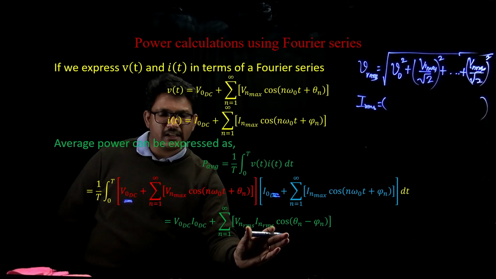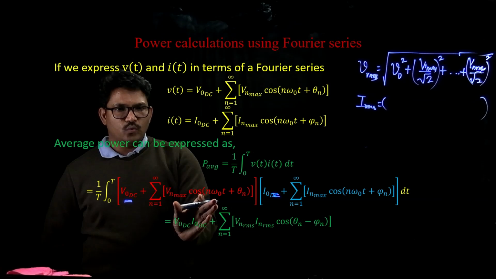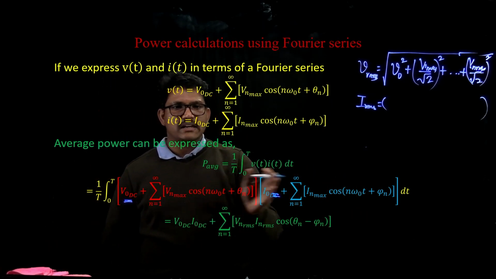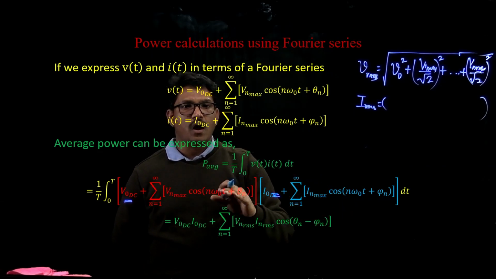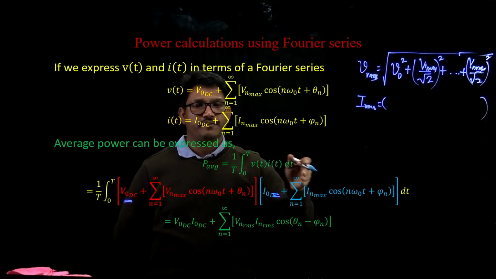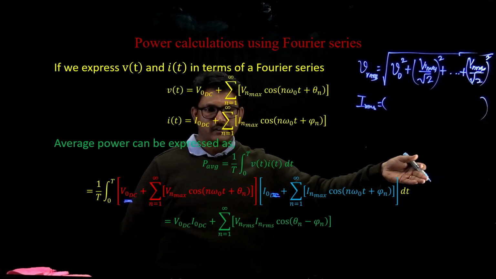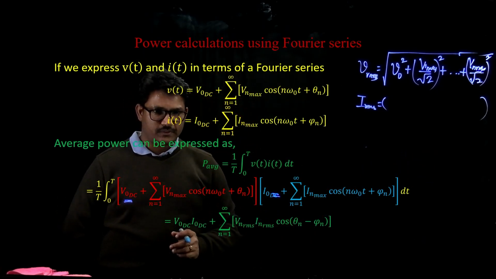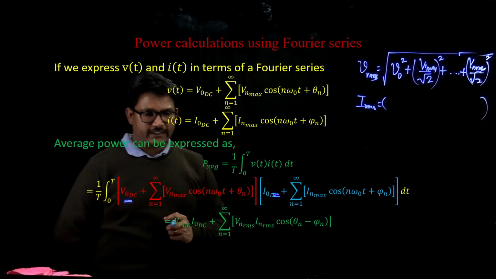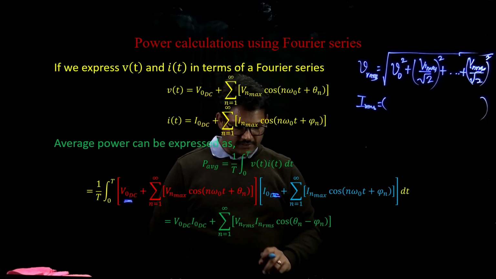The reason is that when the voltage of n equal to 1 is multiplied with the current of n equal to 2, the product of sinusoidal functions of different frequencies has an average that itself becomes 0. Because of that, we have only n terms here. So this is the expression for the average power when voltage and current are expressed in terms of a Fourier series.